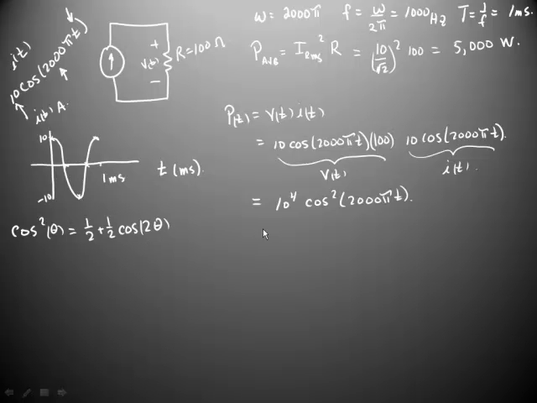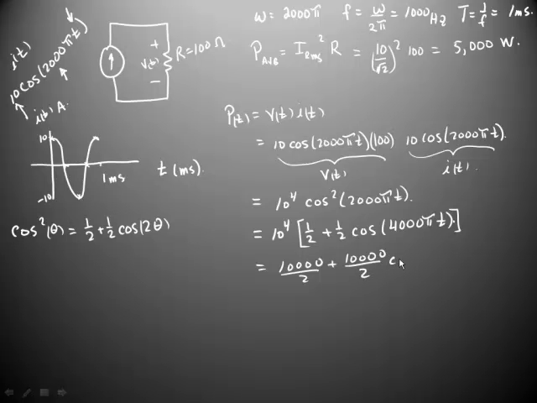If we apply that to the relationship that we've got over here, we're going to end up with 10 to the fourth times 1/2 plus 1/2 times the cosine of 4000 pi t, or 10,000 divided by 2 plus 10,000 divided by 2 times the cosine of 4000 pi t.